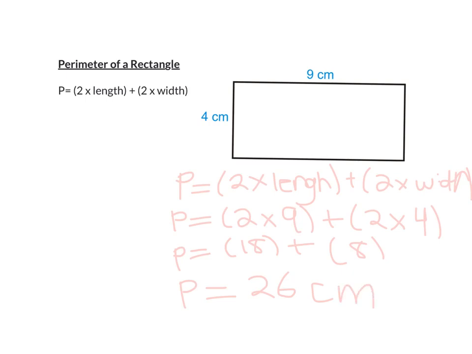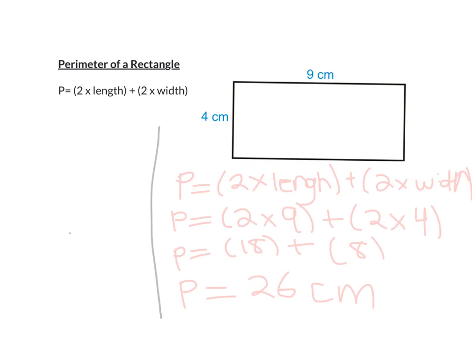So if I didn't want to do it this way using the formula, I could go ahead and simply just add all these measurements together. So the 4 plus the 9, and I know this would also equal 9, and my other width would be 4. So I can go ahead and add those together.